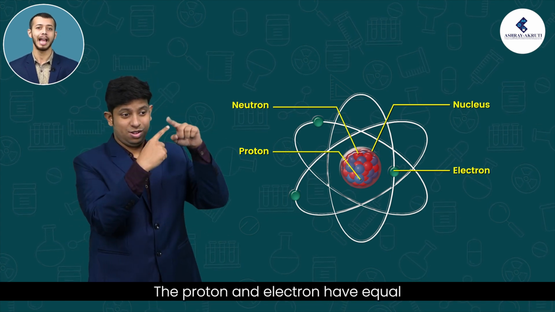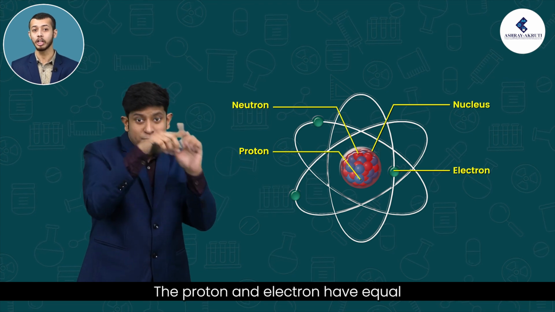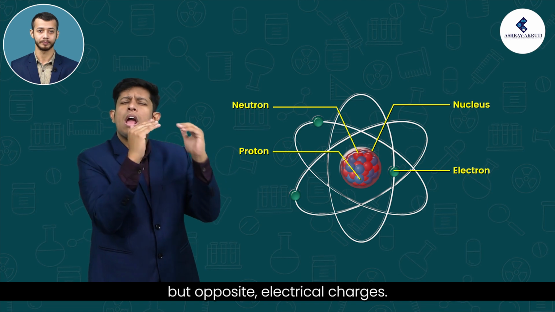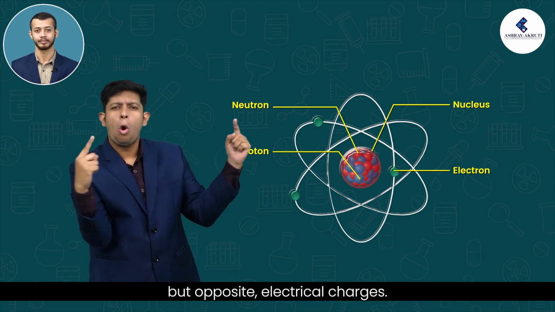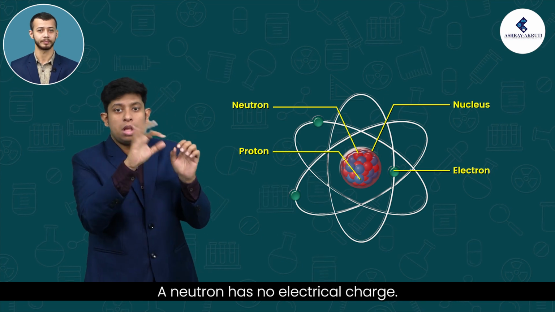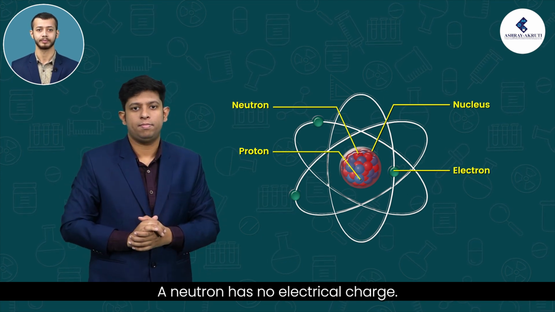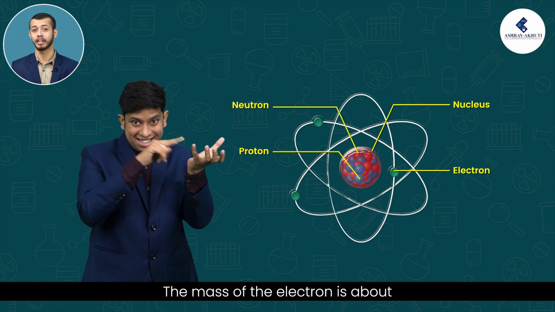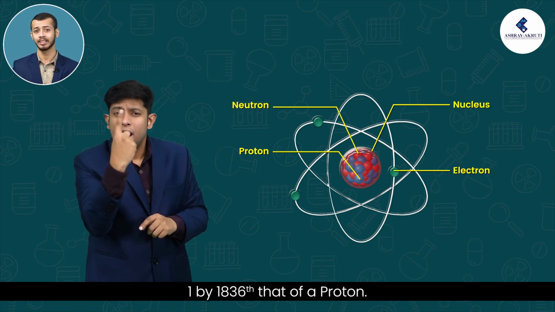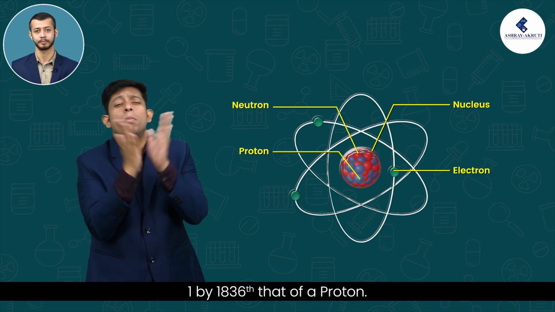The proton and electron have equal but opposite electrical charges. A neutron has no electrical charge. The mass of the electron is about 1 by 1836th that of a proton.